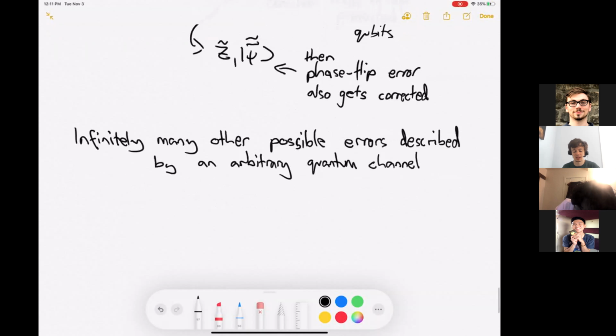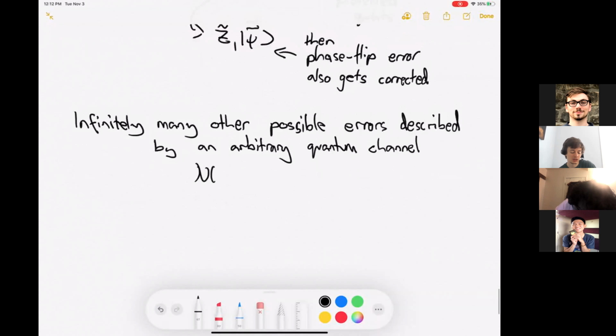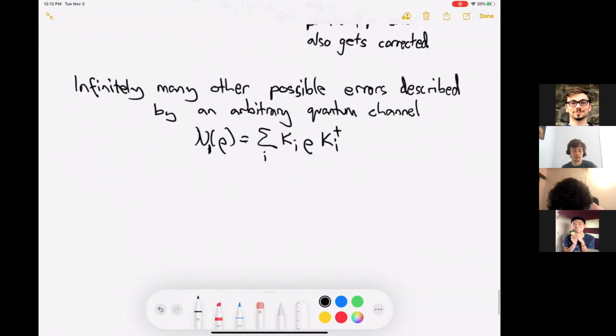It can talk about anything we want. So it's a very, very general thing. Our channel acts on, let's assume, the first qubit for simplicity, because they're all treated the same. It acts as sum over i of K_i rho K_i dagger, for some Kraus operators K_i.